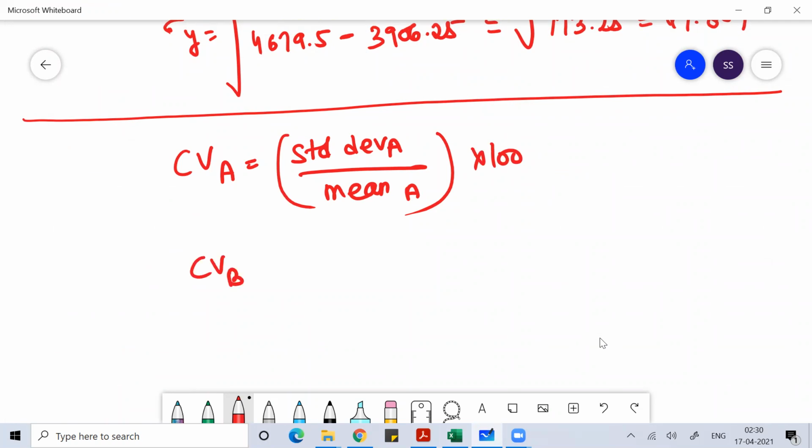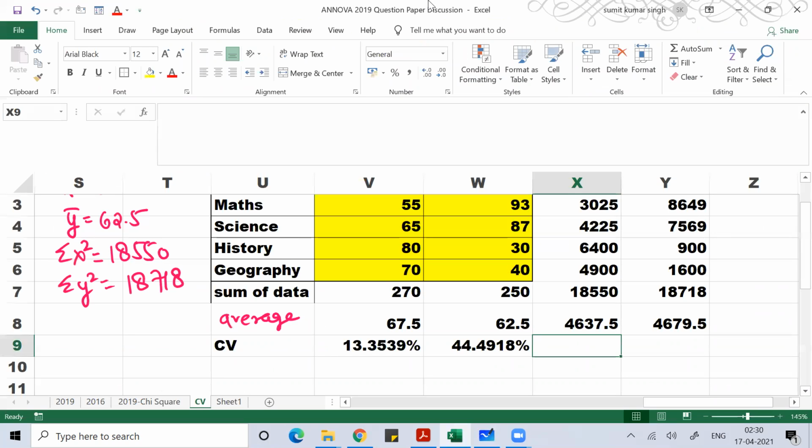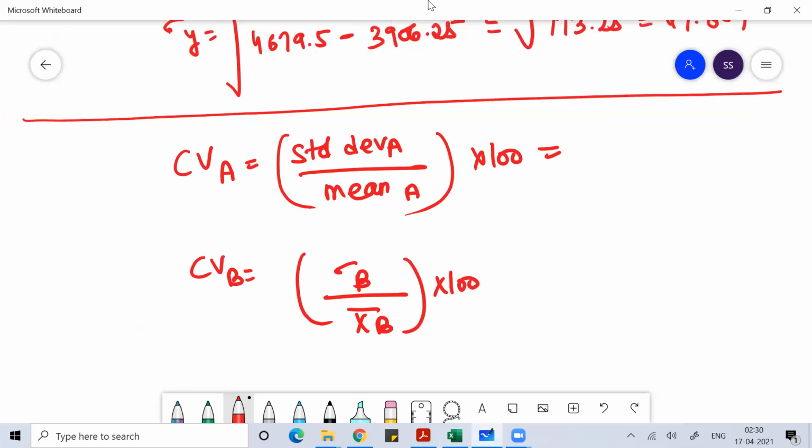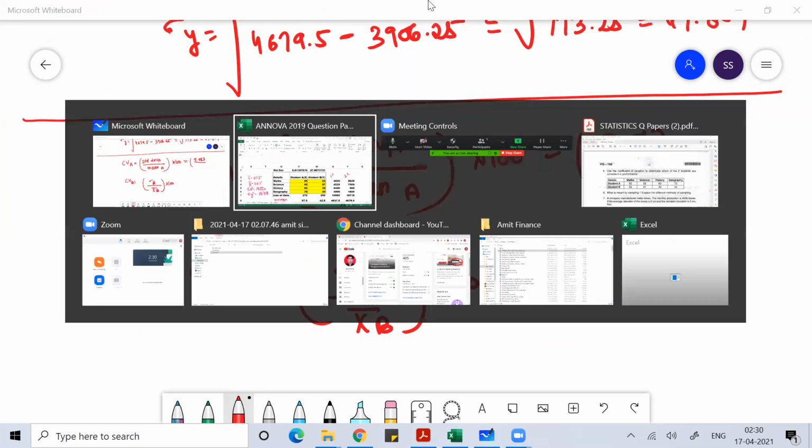Similarly, coefficient of variation of student B is standard deviation of B divided by mean of B into 100.